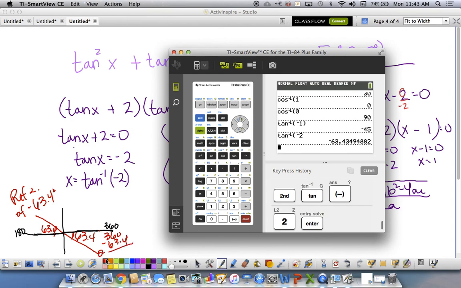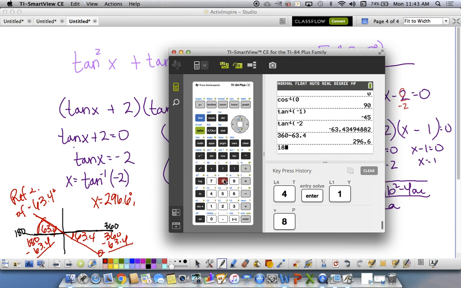Then I'm going to do 180 minus 63.4 to get the one up here. 360 minus 63.4, that theta, or x, is 296.6 degrees.